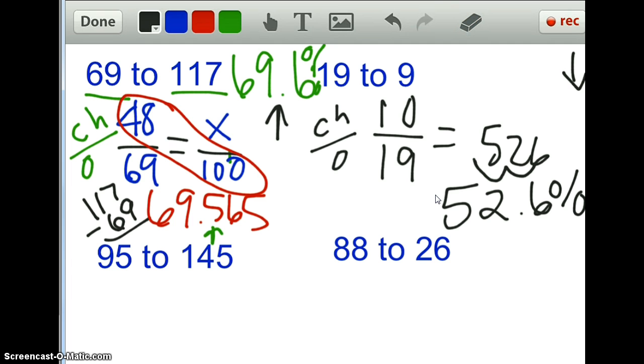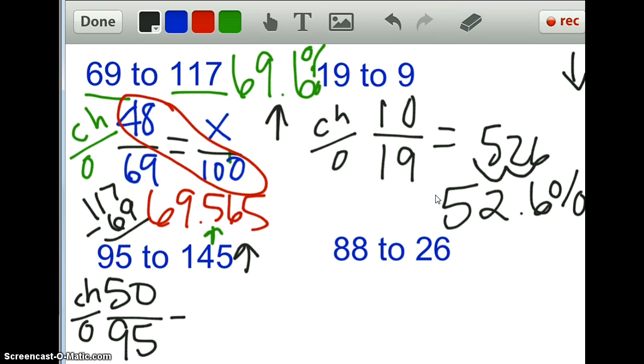This next one, 95 to 145. Increase or decrease? Yep, that's an increase. So I find 95 to 145, it went up 50. So my change was 50. What's my original? 95, because that's what I see first.